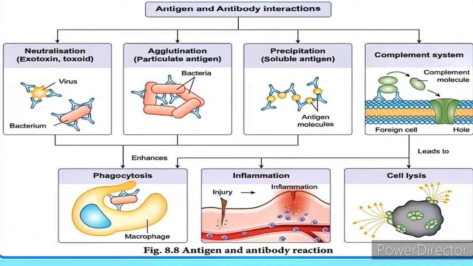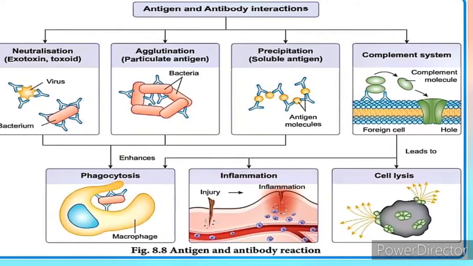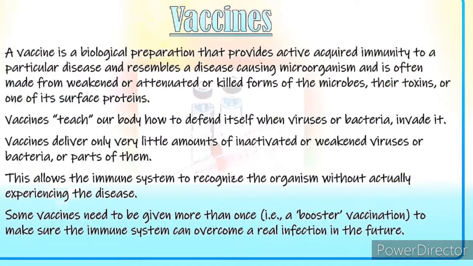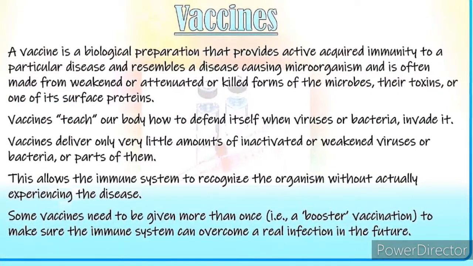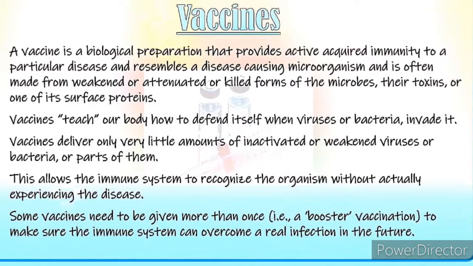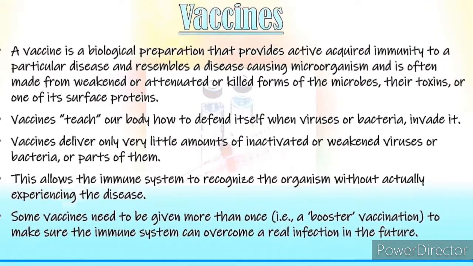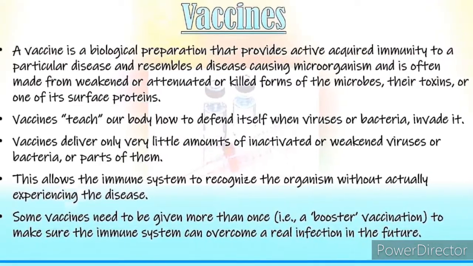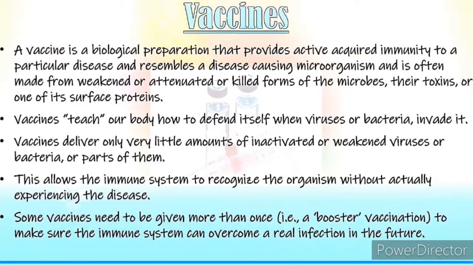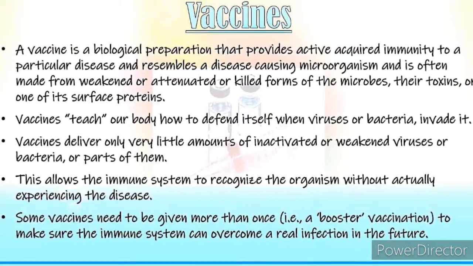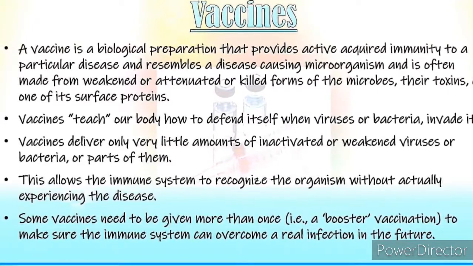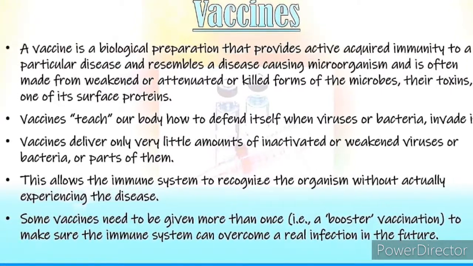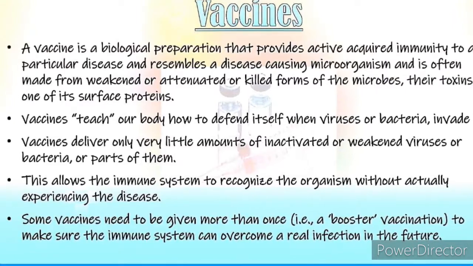Next, vaccines. A vaccine is a biological preparation that provides active acquired immunity to a particular disease and resembles a disease causing microorganism, and is often made from weakened or attenuated or killed forms of microbes, their toxins or one of its surface proteins.